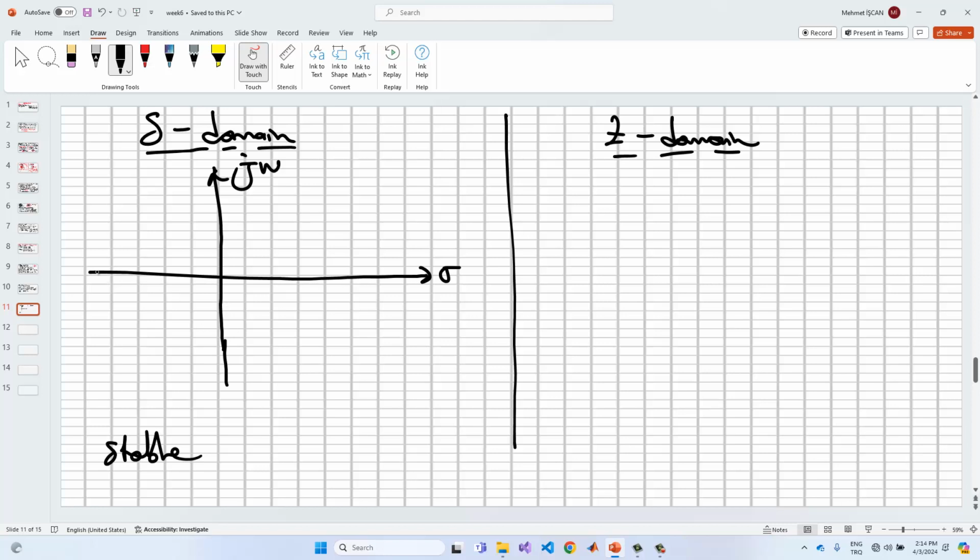How do we stabilize the system by selecting the roots on this S domain? We have a region here. If our poles are at the left hand side of the S domain, we can call it stable.